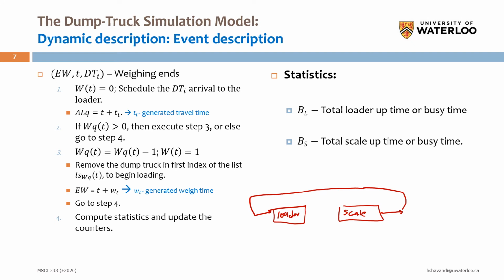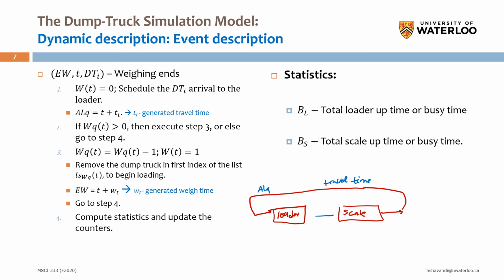At first, since it's the departure and it goes to the loading station, we need to obtain an ALQ event, which means an arrival event to the loader. So we have a travel time here, and based on that travel time, the arrival event will be scheduled for the loading station.